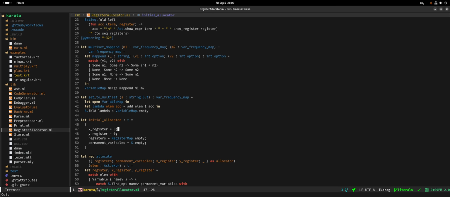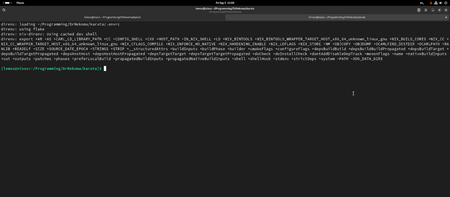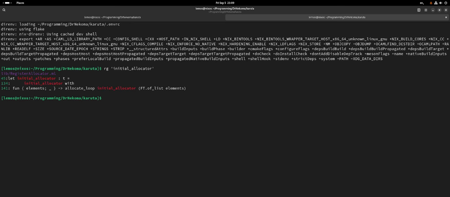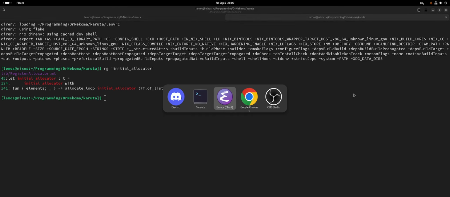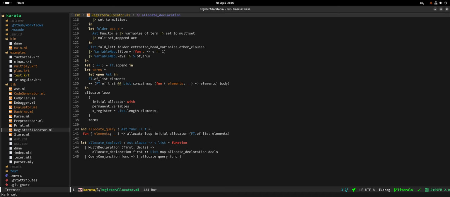There are not many. I think there's only one actually. I'm gonna grep it in here. Initial allocator. 134 and 141 in here. So here.